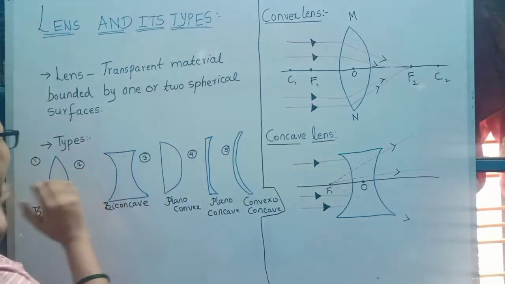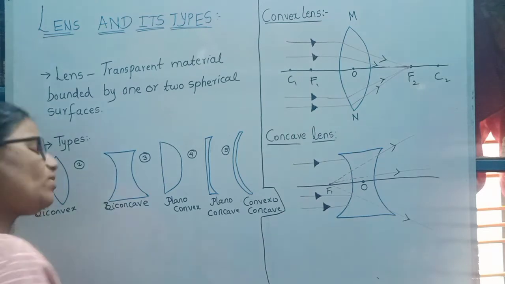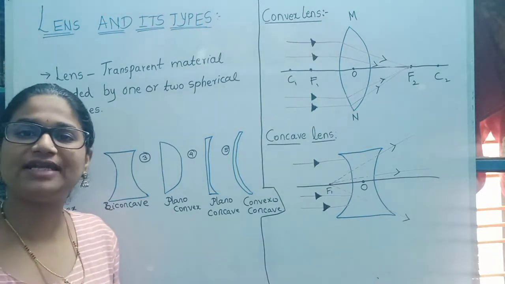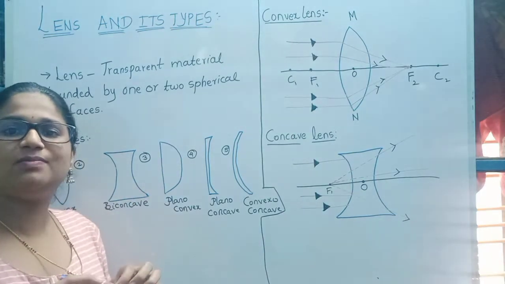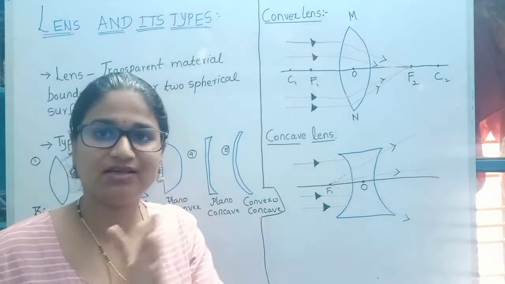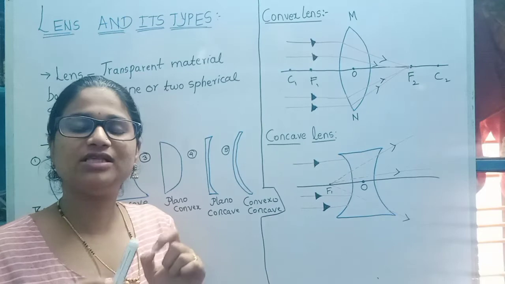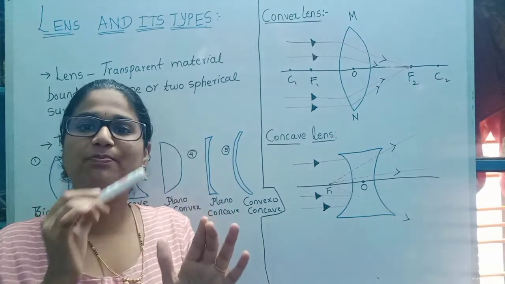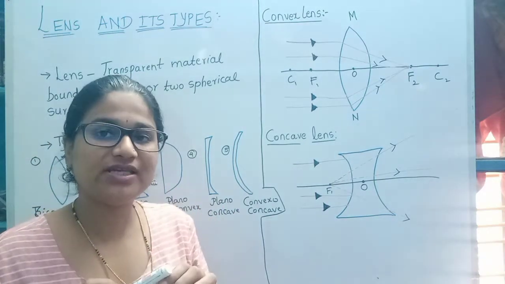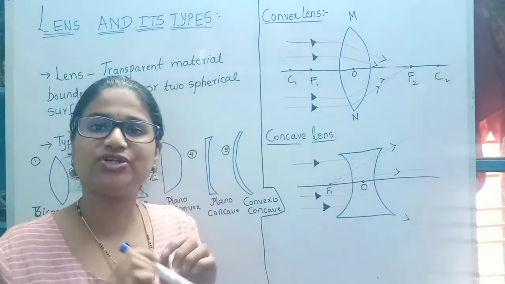Okay, so here we have types of lenses. In the last sessions we learned regarding types of spherical mirrors: the concave mirror and the convex mirror. Concave mirror means the reflecting surface will be bulged inside. Convex mirror, the reflecting surface will be bulged outside.